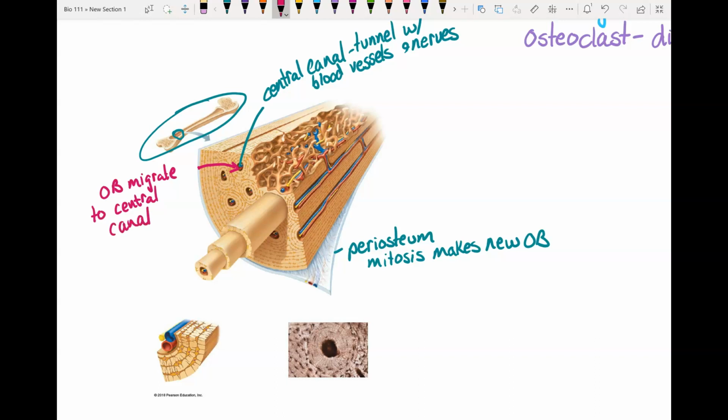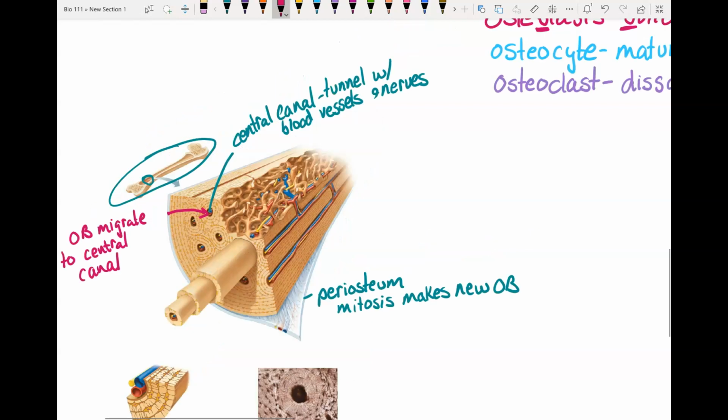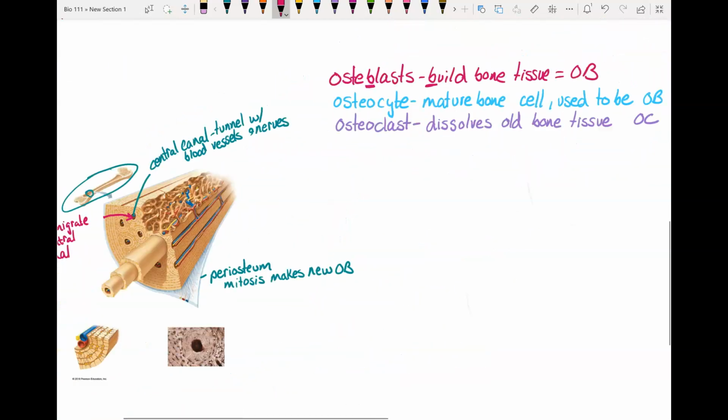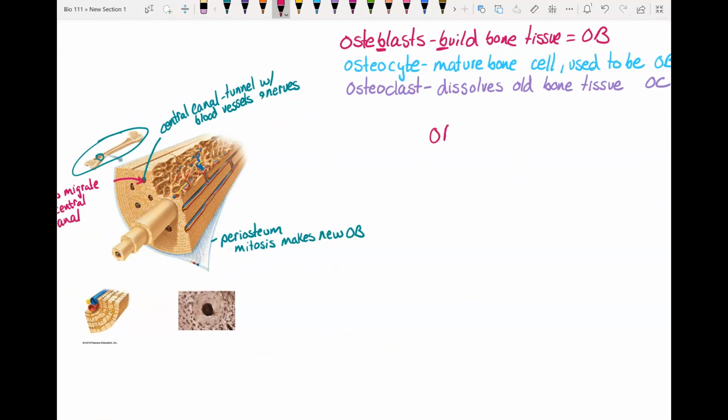And remember, their job is to build new bone tissue. So the osteoblasts, once they get to the central canal, they're going to access the blood, and they're going to get nutrients from the blood, especially calcium, because there's a lot of calcium in your bones, and they're going to use that to make new bone tissue. And remember previously we talked about you are what you eat and how that literally is true. So here's where the osteoblasts are going to take nutrients from your blood and use them to build your bones.